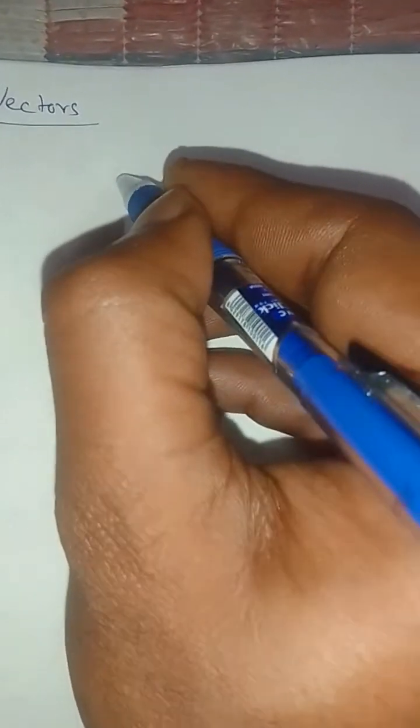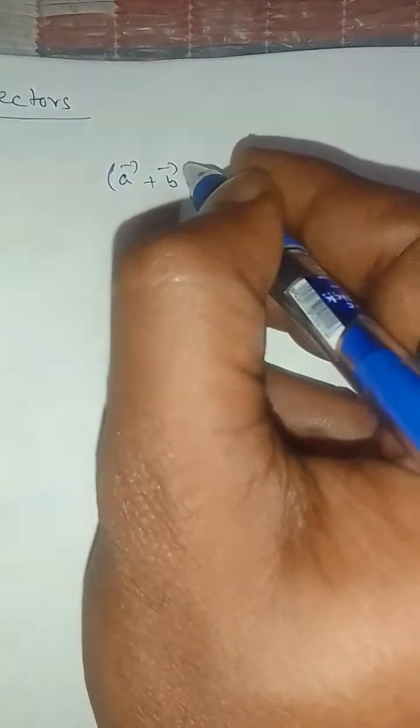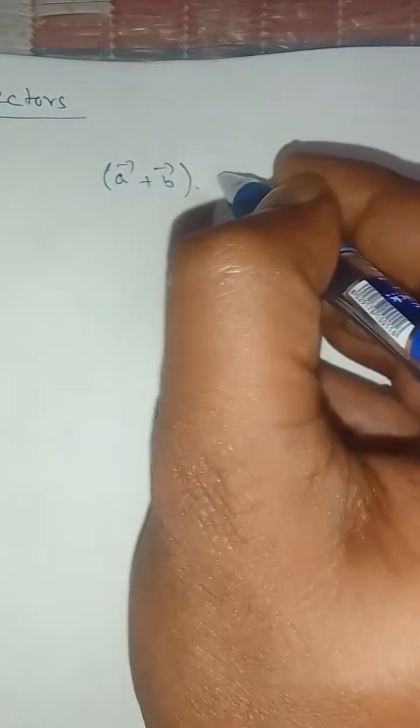The right distributive law is that a vector plus b vector dot c vector.